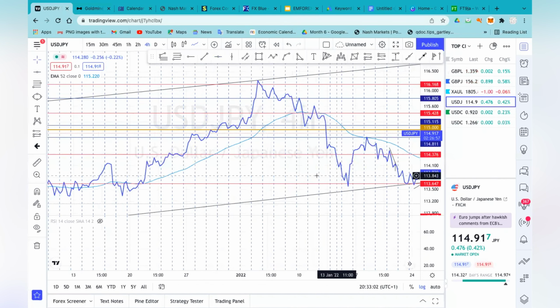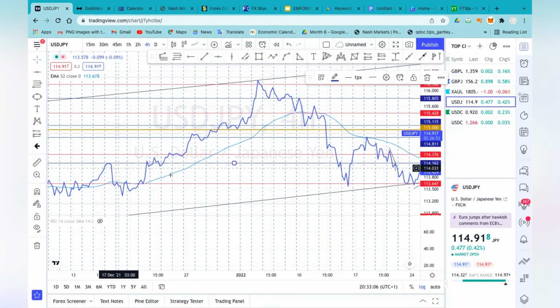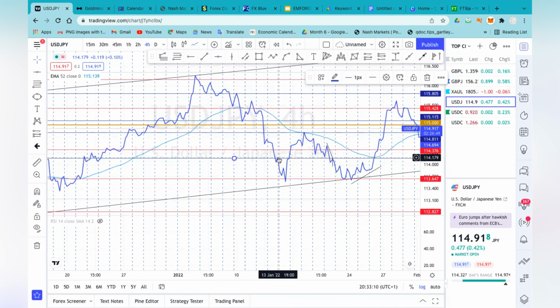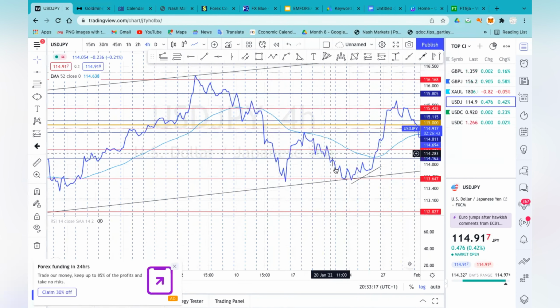Here, it held there as a resistance and the market pushed down. Here also it held at this point and pushed down for this ride.